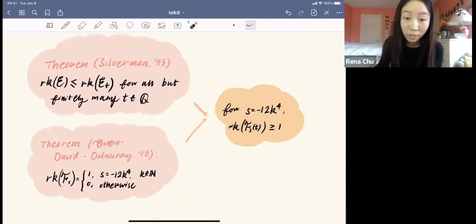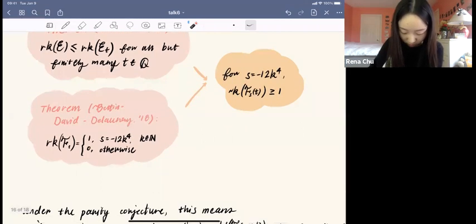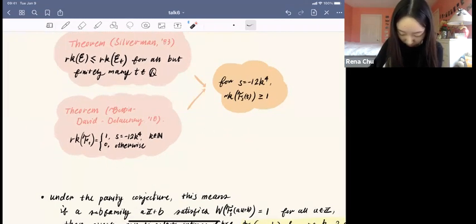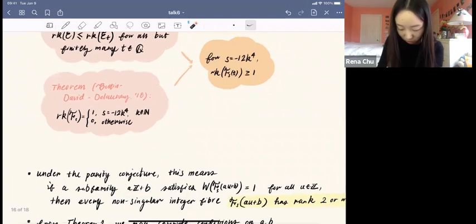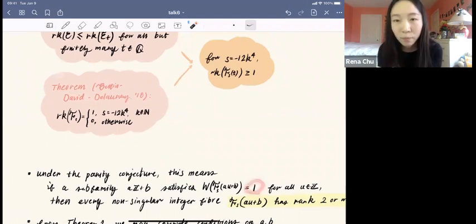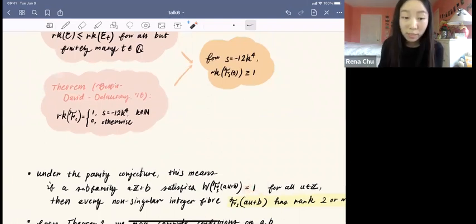Now, why is this interesting? Well, if we go back to our F family, and if we're able to find a subfamily here, all of whose integer fibers have root number 1, then what does that tell us? Well, under the parity conjecture, we recall the root number is the parity of the rank.